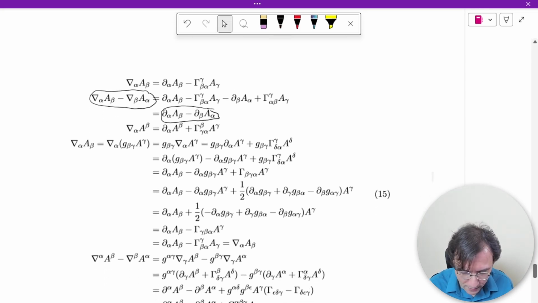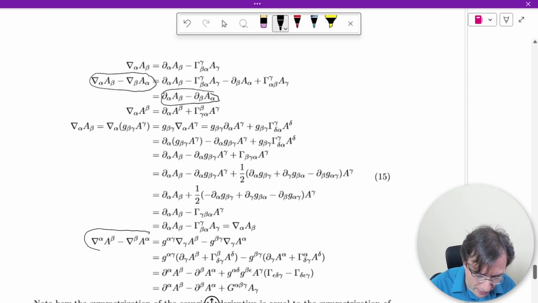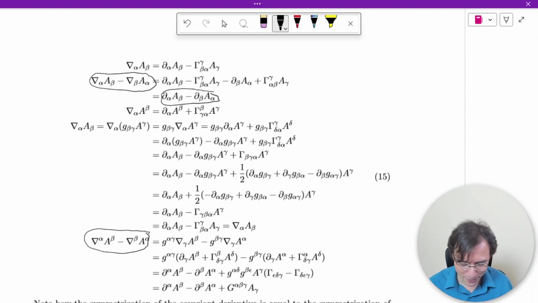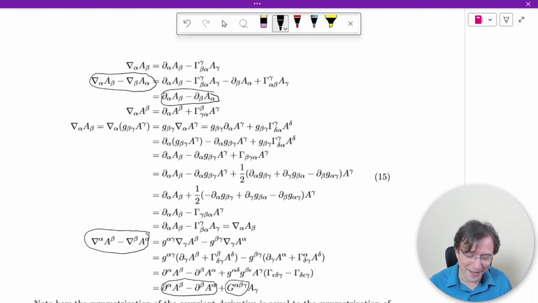What turns out is that if you do the other version with the upper indices of both, this G alpha beta appears as a correction of the anti-symmetrized derivative, the way that you go from the standard derivative to the covariant derivative.